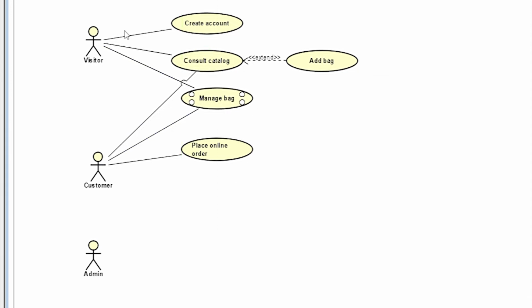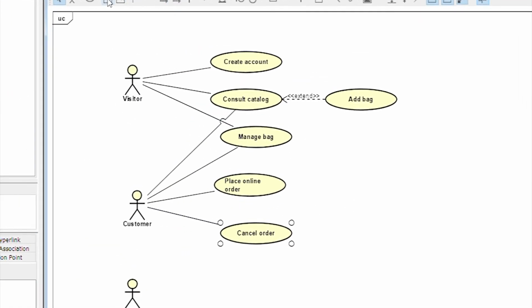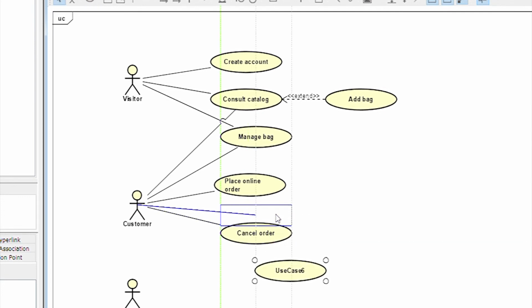Okay, a customer can cancel order. Okay, he can cancel an order, and also a customer can validate order. Okay, we'll put it here.